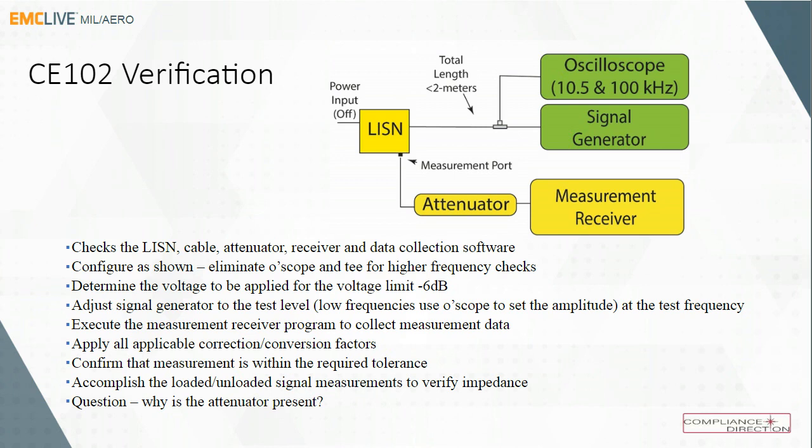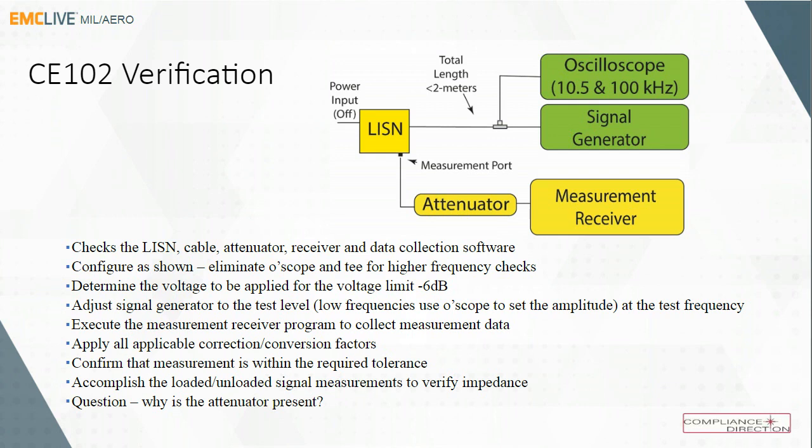So when I attach it to 5 ohms, I load the signal generator output. It reduces significantly, so we need to adjust the level based on what the oscilloscope measures, not what the signal generator says it's outputting. That compensates for the losses associated with the overloading by the LISN.